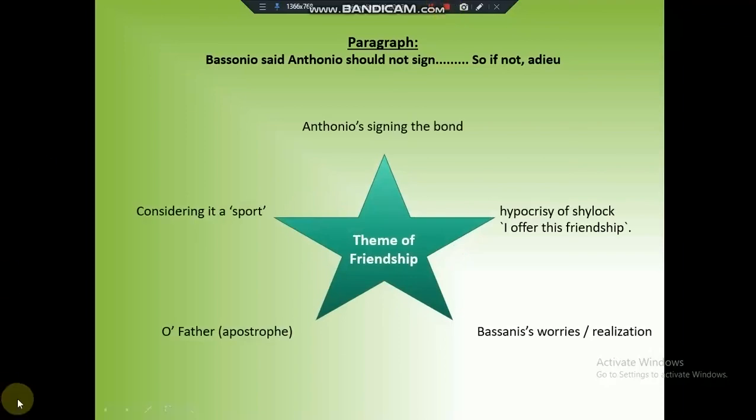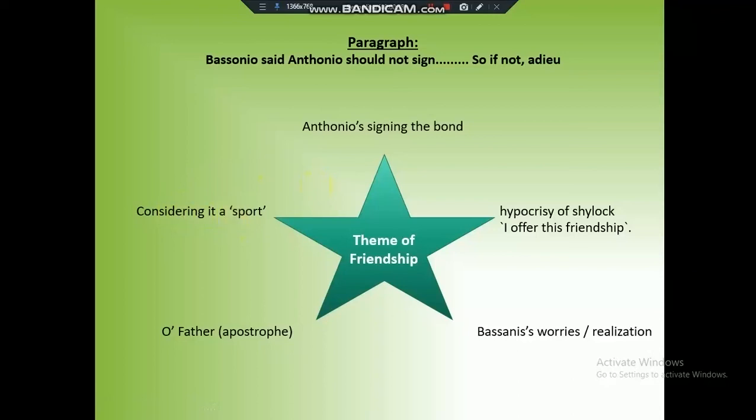And the paragraph explains that Antonio is ready to sign the bond in spite of the insistence of Bassanio. Bassanio now feels that he should not have asked for the money, or should not have asked for 3,000 ducats. And here Antonio also realizes that he considered it as a sport, as fun.